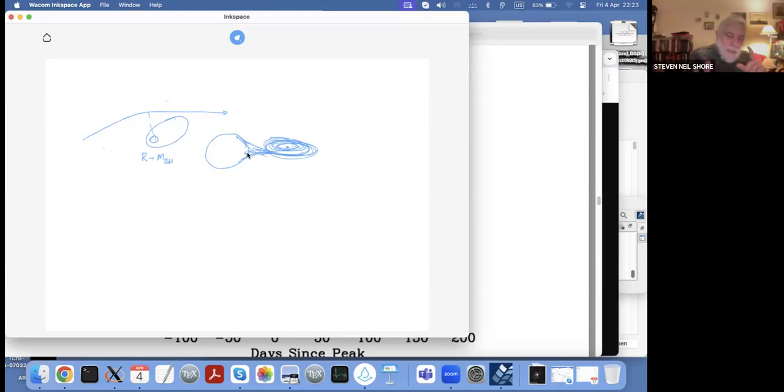So if this is being unbound, this material doesn't just fly off, it circles. It doesn't necessarily even have to collide with itself, but it's going to form a disk eventually around the central object. And that's what is referred to as a tidal disruption event.